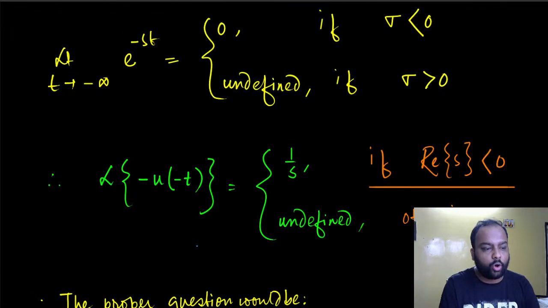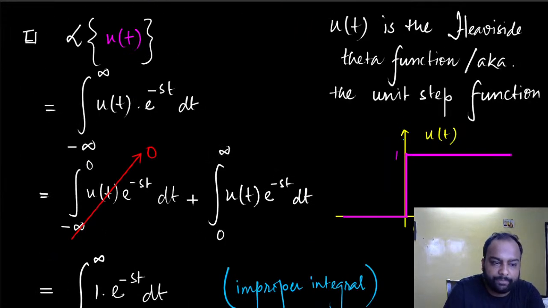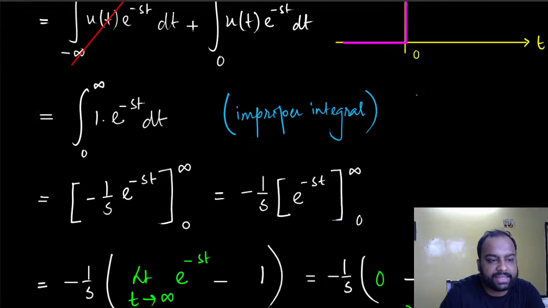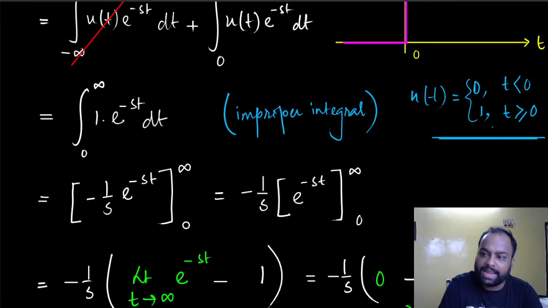Now, but let's go back and look at those signals. What is u(t)? u(t) is defined as a signal that has a value of 0 when t is less than 0, and a value of 1 when t is greater than or equal to 0. So this signal has a value of 0 when t is less than 0.